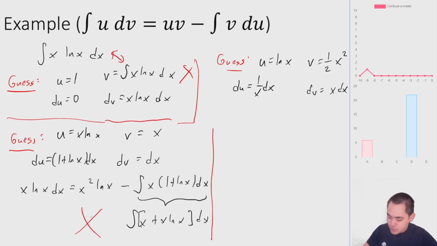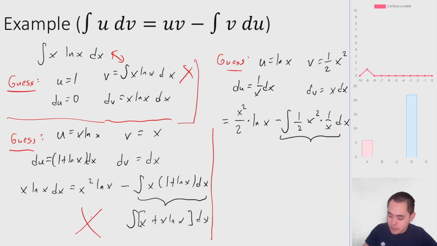So this will be equal to, well, you plug in uv. So what's u here? U is natural log of x. V is 1/2 x squared, so that's x squared over 2 times natural log of x, minus this integral of 1/2 x squared times 1 over x dx, because that's the du.